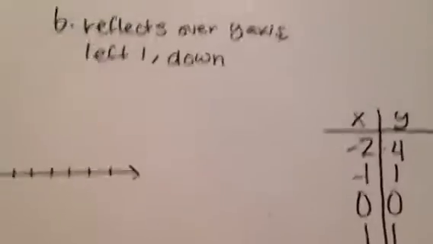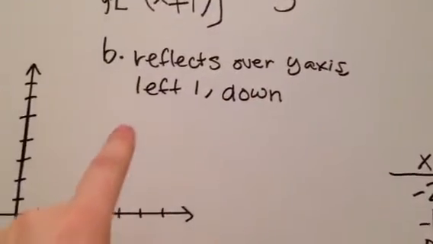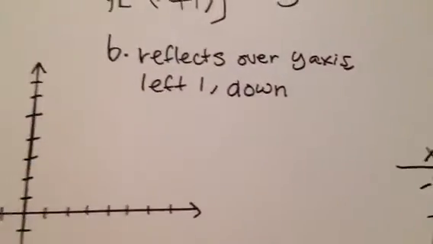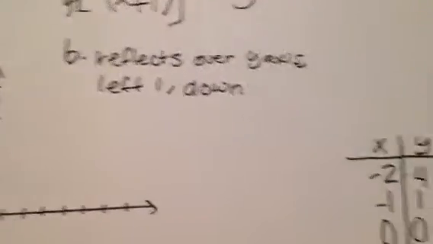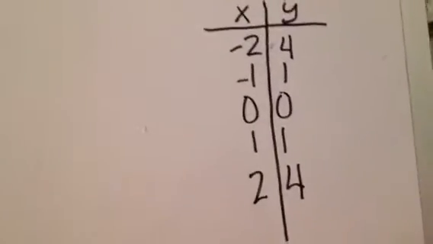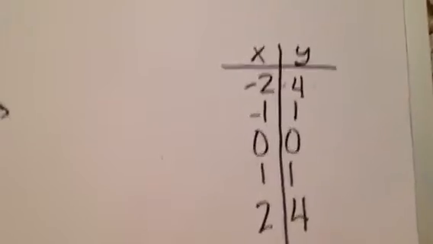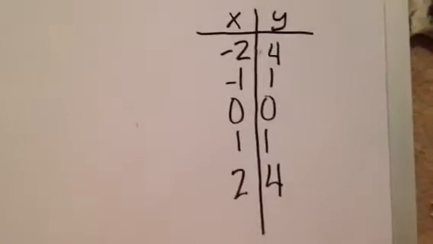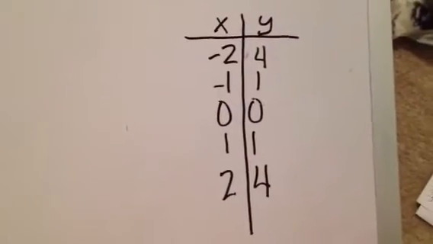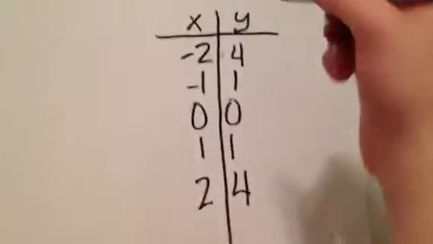Alright, for our next step, we're going to write down how these properties that the new graph has affect the old coordinates. And the old coordinates are (negative 2, 4), (negative 1, 1), (0, 0), (1, 1), and (2, 4). Alright, so we're going to start with the x's.